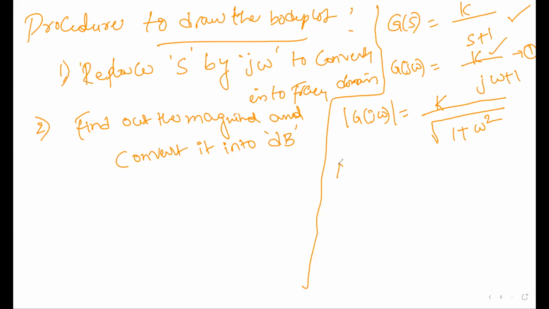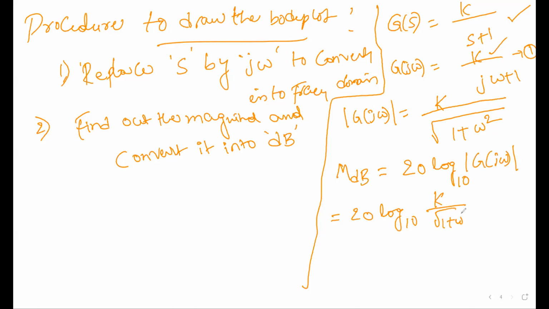How do we convert the magnitude into dBs? We have to apply 20 log base 10 to the magnitude. The magnitude is K by square root of 1 plus omega square.